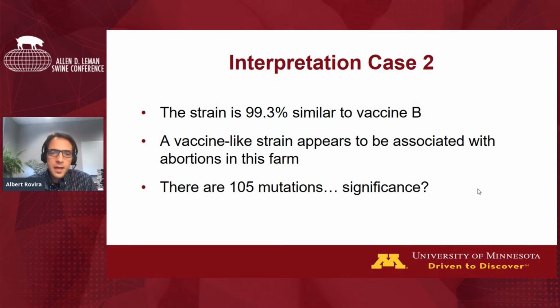But if that was the case, if this strain really is able to cause abortions, a next step could be to figure out why this strain that is so similar to vaccine B is able to cause abortions. There are 105 mutations, that's the 0.7% that is different. And are there any mutations that have a significance that are making the strain different, if that is the case?